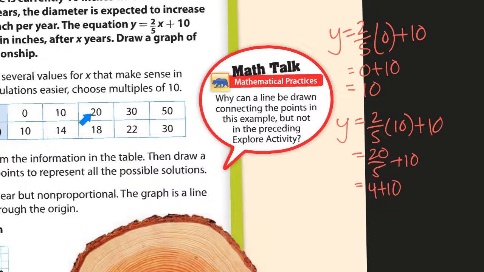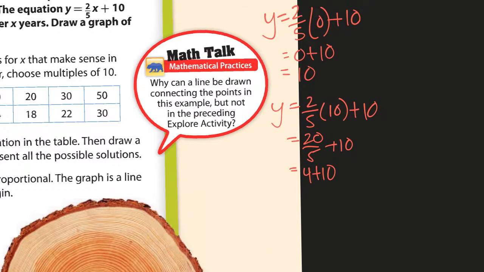Now plug in 20, and maybe that'll be the last one I do here for you. So y equals 2/5 times 20, and then plus 10.